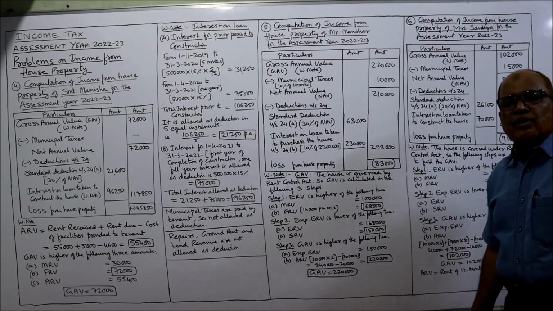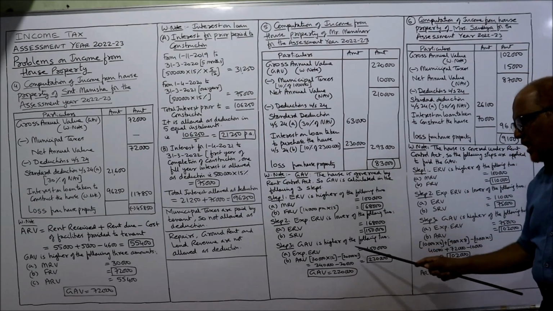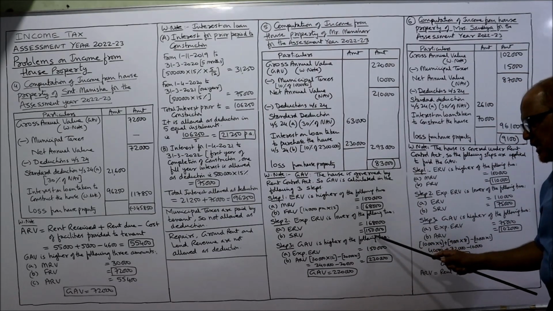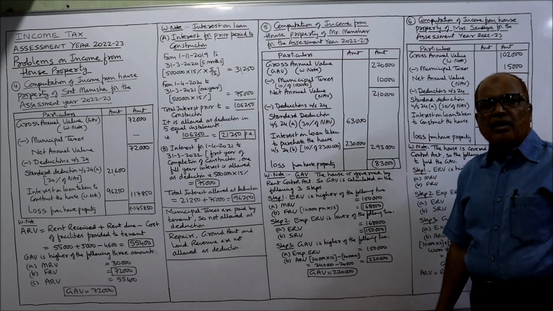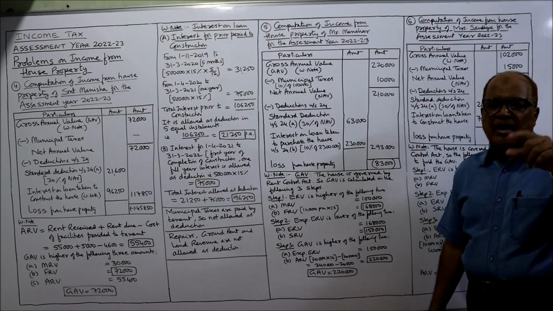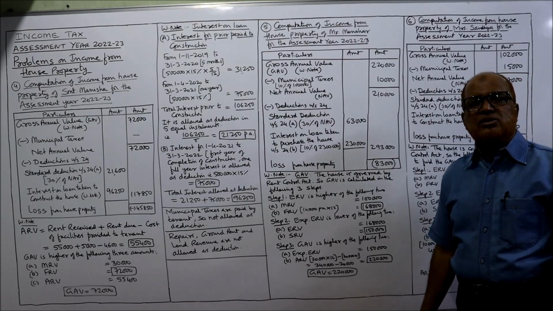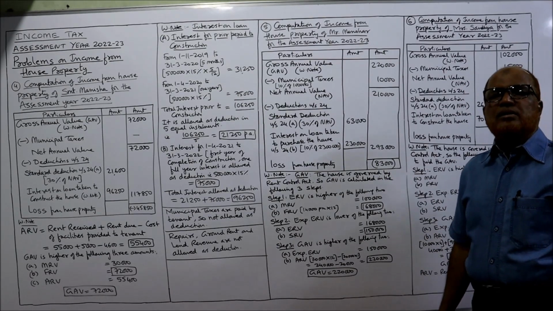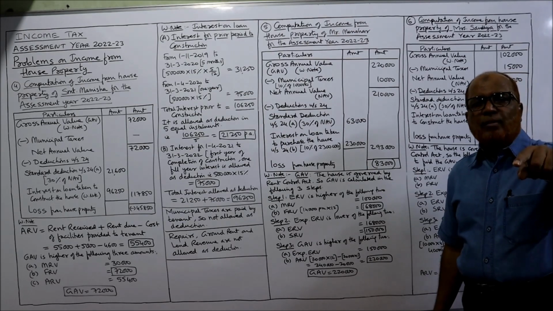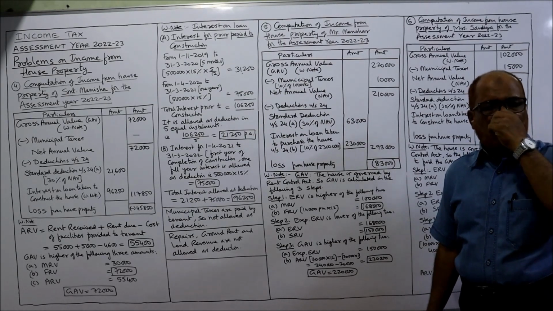Now GAV, gross annual value, is the higher of the following 2. Expected ERV, we got 1,50,000 in the second step, or actual rental value, which is rent of 12 months minus unrealized rent. 20,000 into 12 for 1 year rent is 2,40,000. But the complete 2,40,000 is not received. In the month of March, the tenant has not paid the rent and vacated the house.